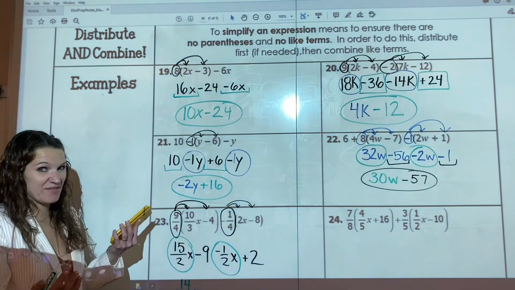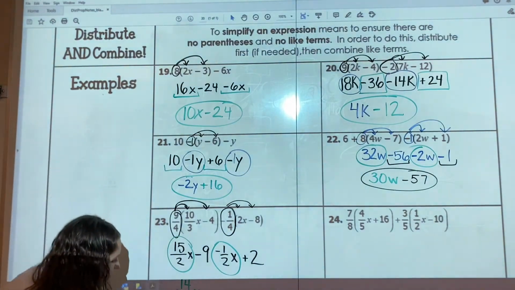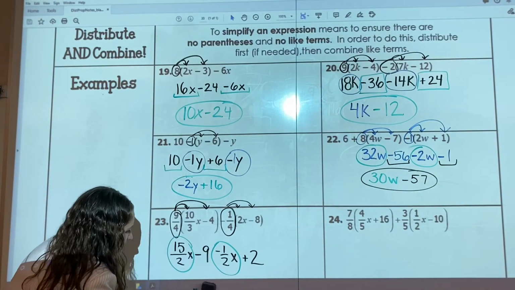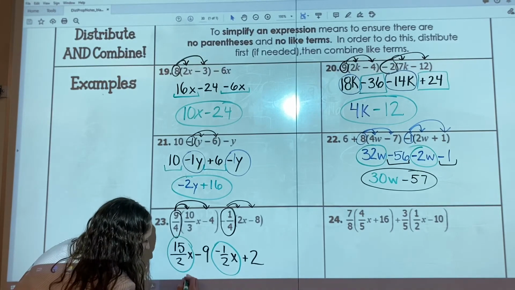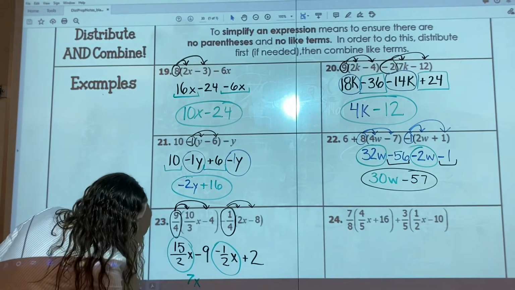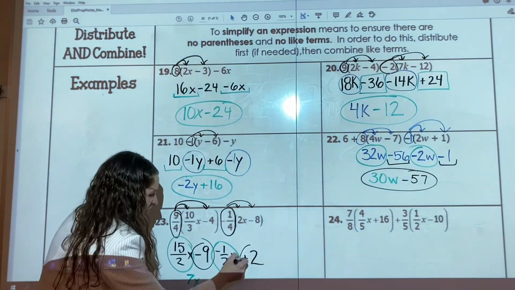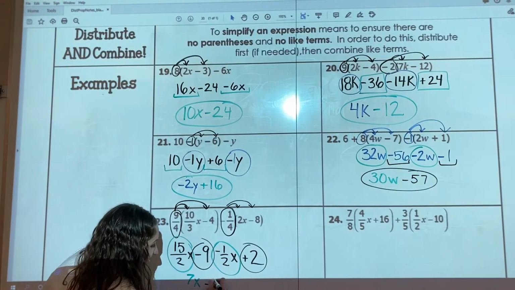And that gives you 7. And I know that 14 divided by 2 is 7. So let me rewrite that. It's 7x. Then, oddly enough, if you combine your -9 and your +2, you're going to have a -7.